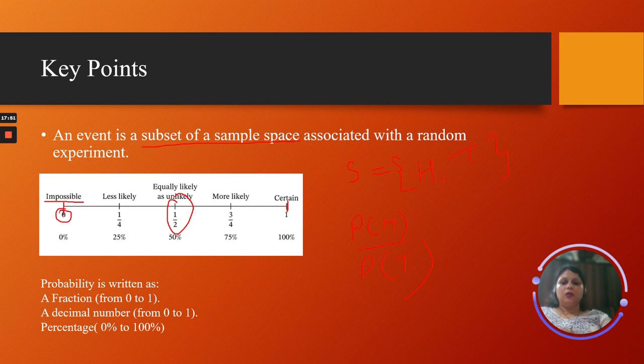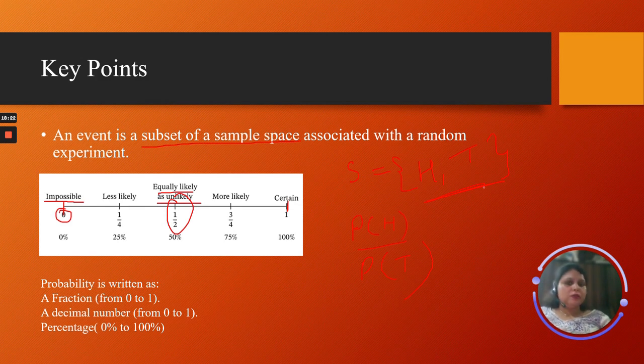Let's take the same example here. Experiment of tossing a coin. So there are two outcomes. We can say there are 50% chances that head is going to occur, or there are 50% chances we can get tail. So these kind of events, they are equally likely events.